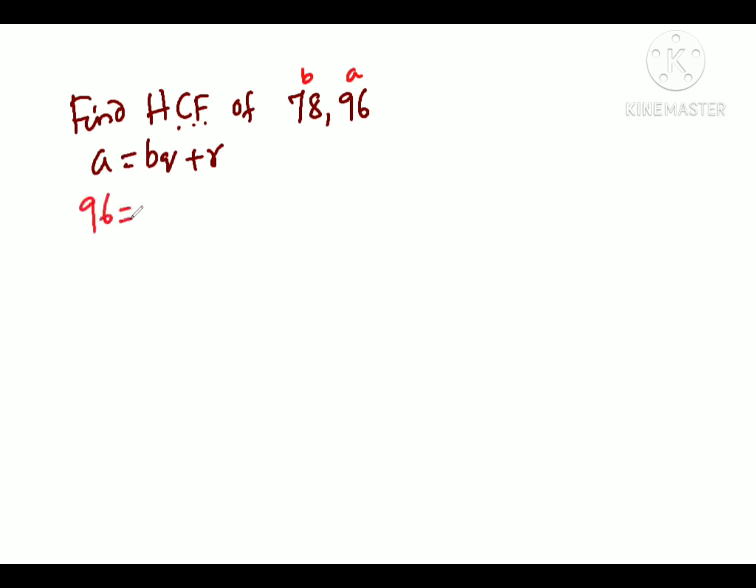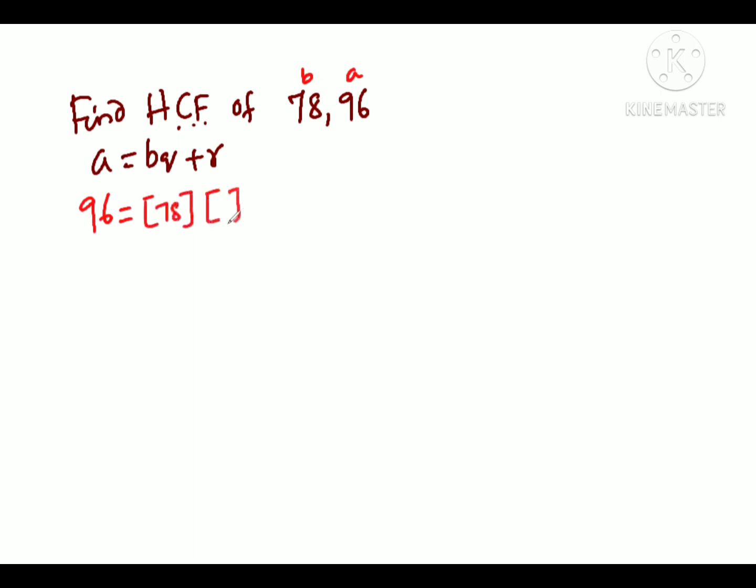Find the HCF of 78 and 96. Now here A is equal to BQ plus R. Take the bigger number as A and the smaller number as B, so here A is 96 and B is 78.